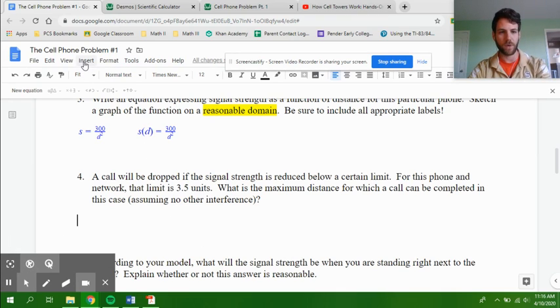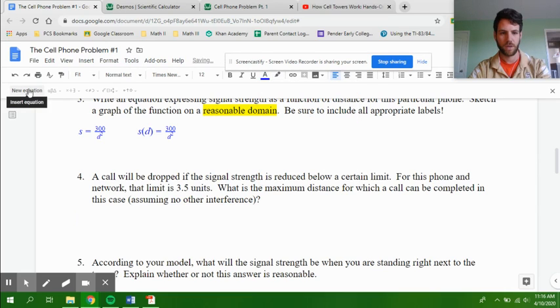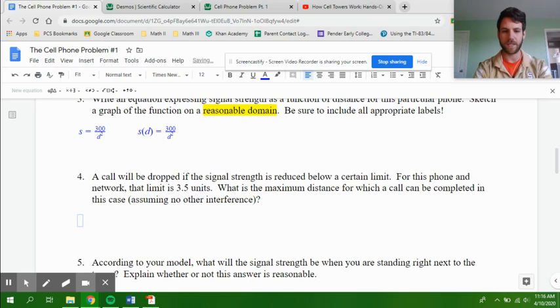So the way we want to do that is if we come up here to insert an equation, we would basically have something where our maximum is 3.5, and we can just solve for that being the signal strength.